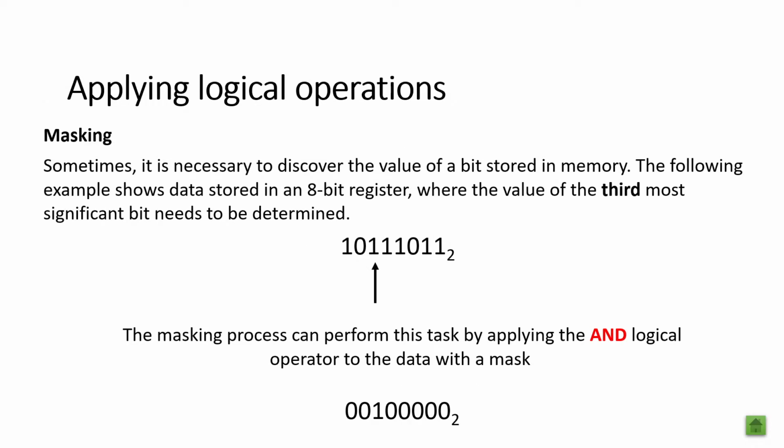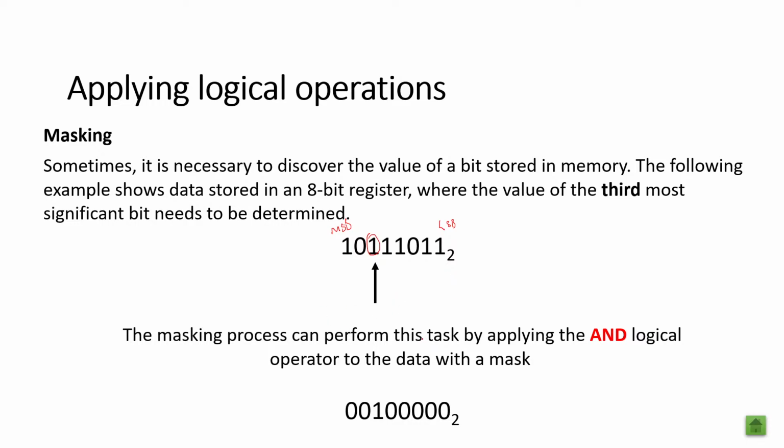Now, masking is when you're trying to show 1, 2, 3, 5, 6, 7 bits of a register, right? So if the question said, I want you to show me the third most significant bit, most significant, least significant bit, they will always point to the one or ones that it wants you to show after the masking has been applied.